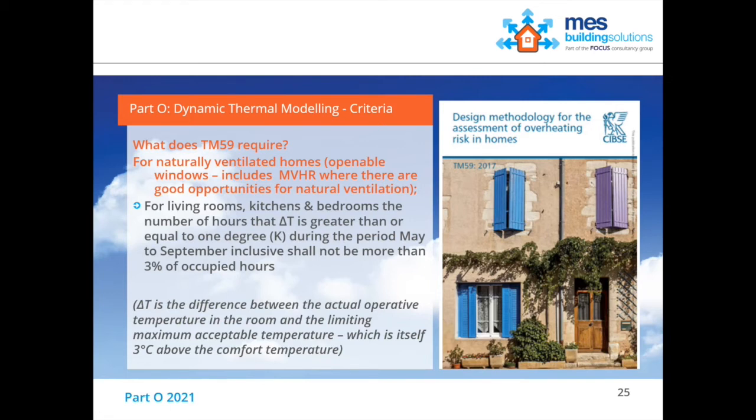So, as I say, we could go into how each one of those is calculated, but it's not that easy because it does actually vary. It's not fixed. But that's what we're looking at. So delta T effectively is a measure of the hours that we're exceeding a set comfortable temperature for a space between May to September. And that's applicable to kitchens, bedrooms, living rooms, so habitable rooms.